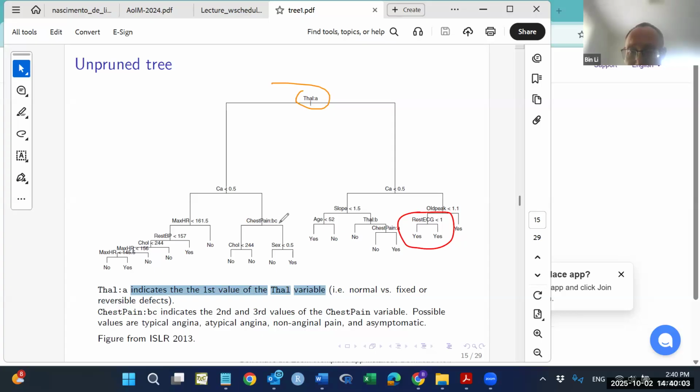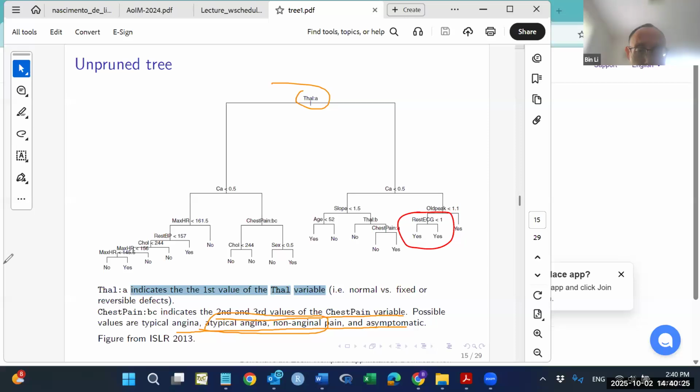It has B and C. What does that mean? That means it's the second and third value for the chest pain variable. So it has a few categories, these are the categories that we have. So second and third are these two.